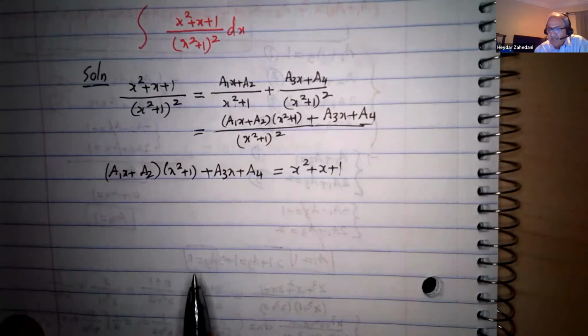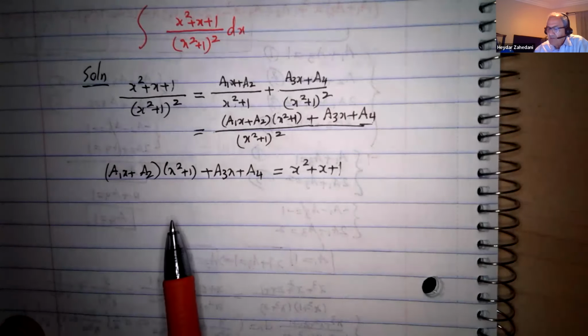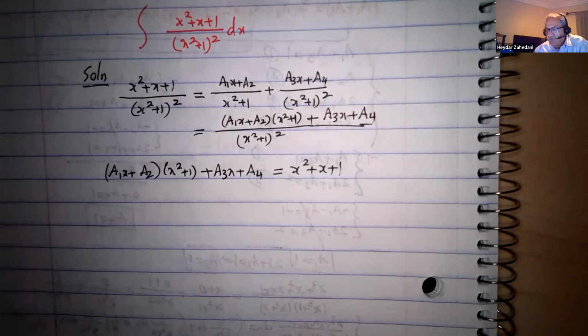So since we don't have the numbers, FOIL it and use the fact that 2 polynomials are going to be the same if their corresponding monomials have the same coefficient. Okay, FOIL it.